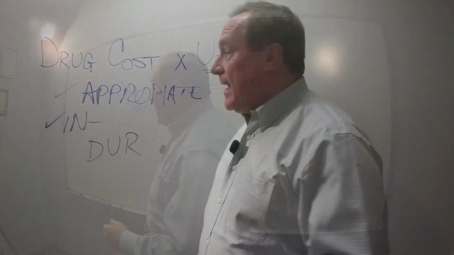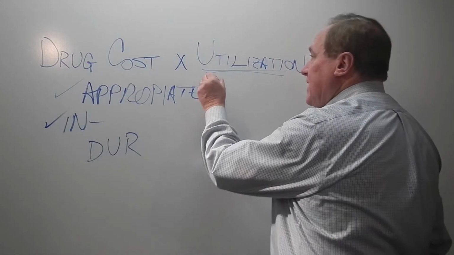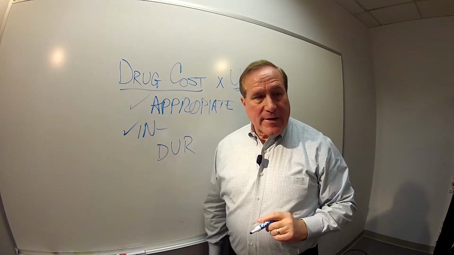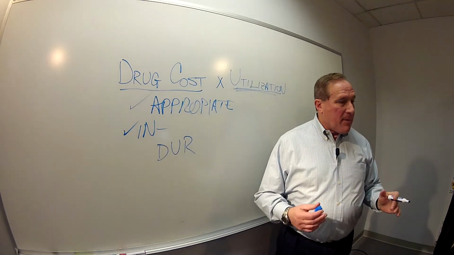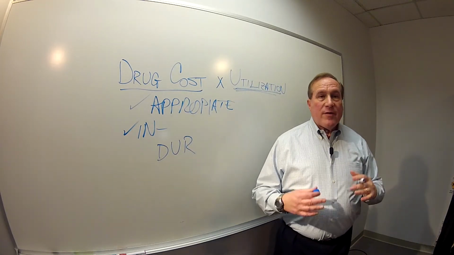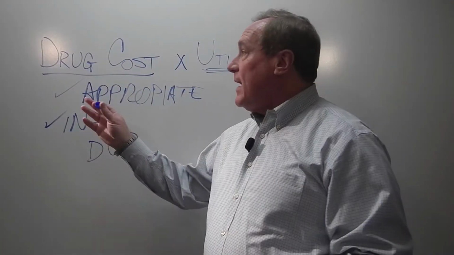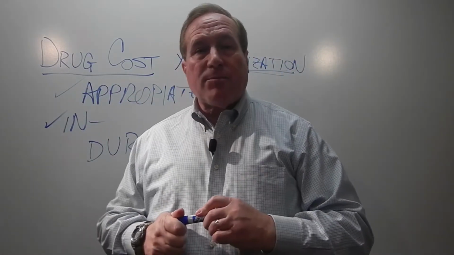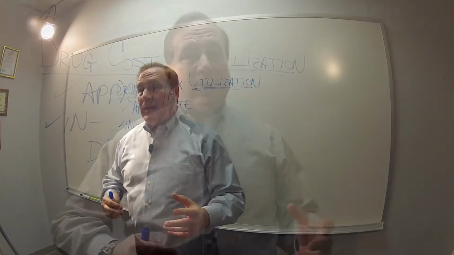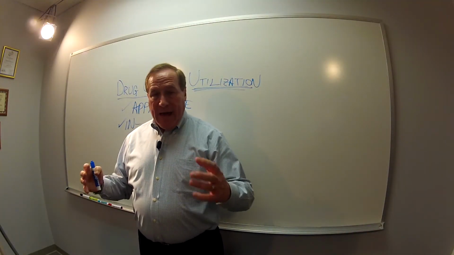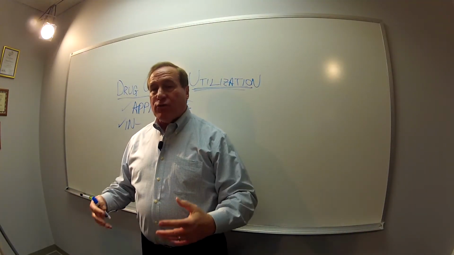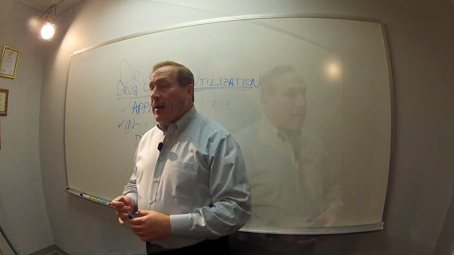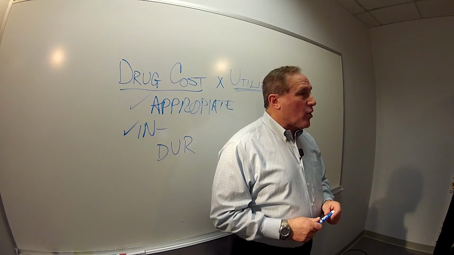But at the end of the day, if the utilization cannot be controlled, then drug cost may be decreased by 5 or 10%. But if the benefits are going up at a greater rate, then this particular issue needs to be managed more aggressively, more appropriately. And if you don't look at that and you don't have very strong aggressive programs, then there isn't going to be an appropriate kind of cost control.